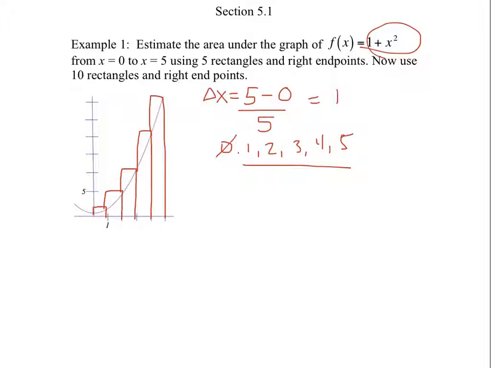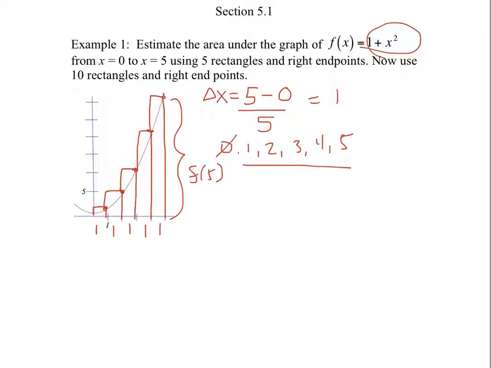So to find the area of all of those rectangles, basically all of them have a width of 1. All of these have a width of 1, but they all have a different height, and that height corresponds with the function's value at each of those endpoints. That's how we're getting the height here. So like this height right here corresponds with f of 5.